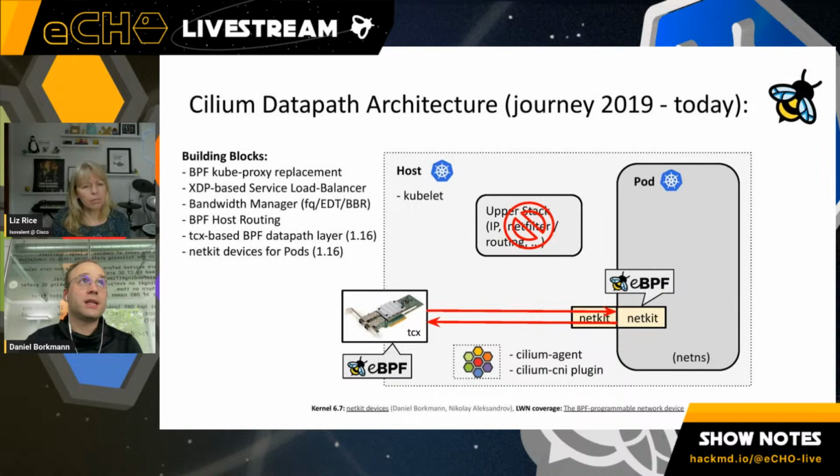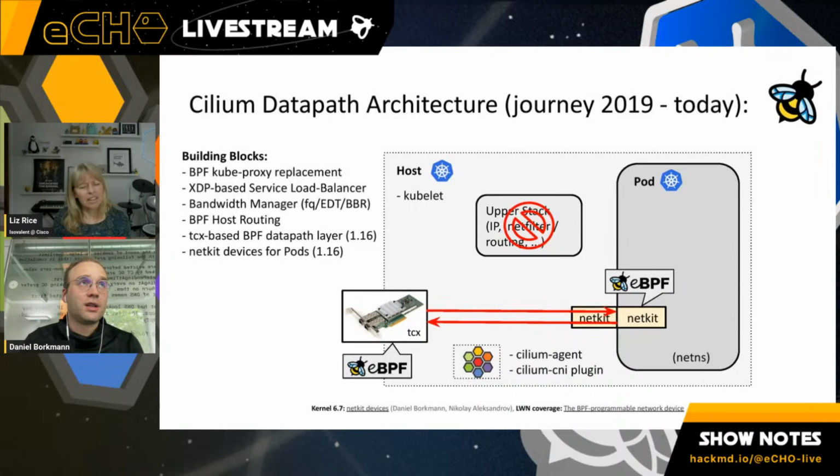Yeah, I mean, TCX is basically in that TC layer. It is just executed before the old style TC construct, right? So yes, it's in the same layer because logically it makes sense: that's the earliest point after tcpdump where you can attach something in the receive path of the kernel.